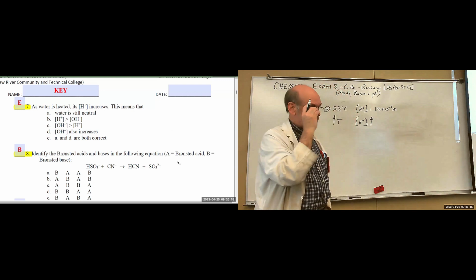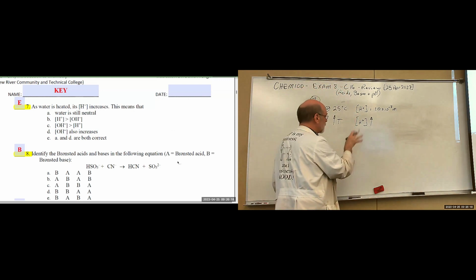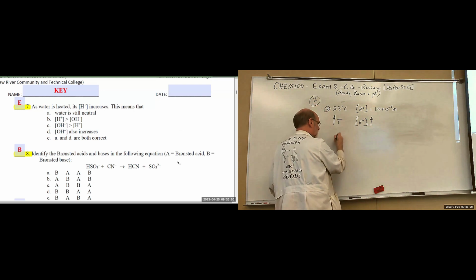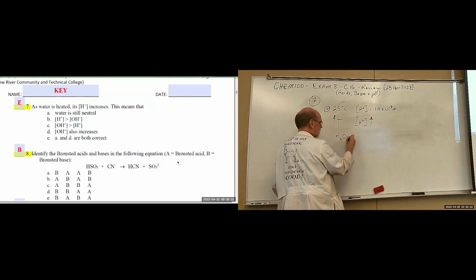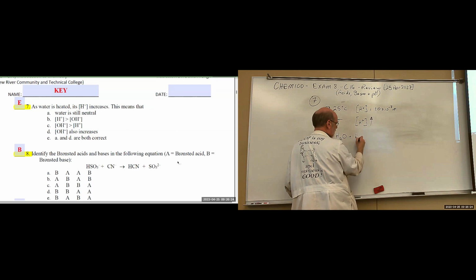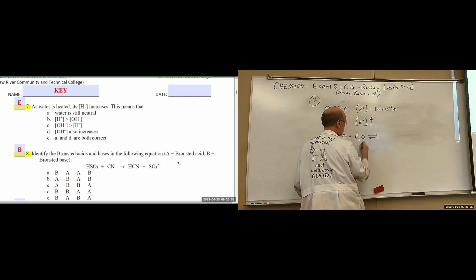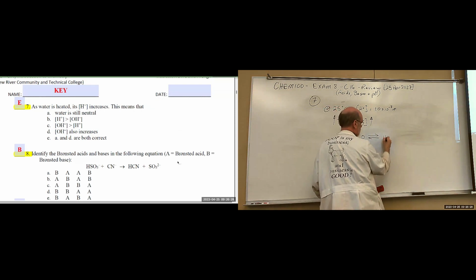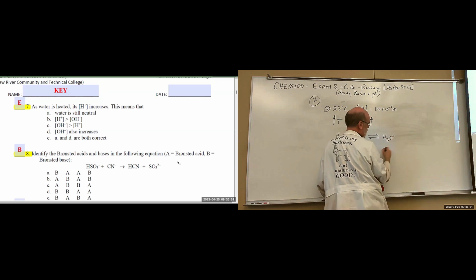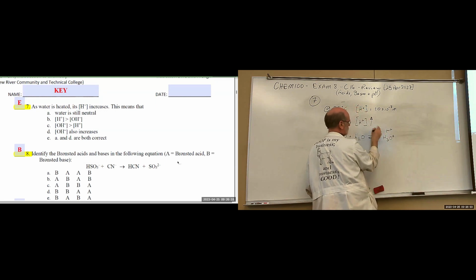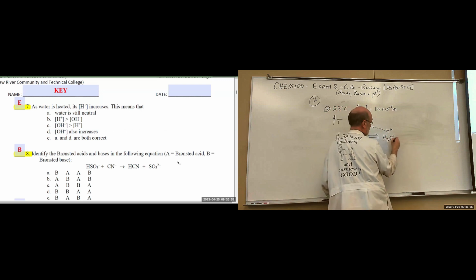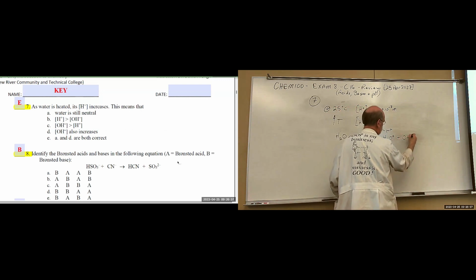Okay, here's the way you look at this problem. In pure water, this reaction is going on. You're getting hydroniums, which we're calling hydrogen ions here, same thing, plus hydroxyls.